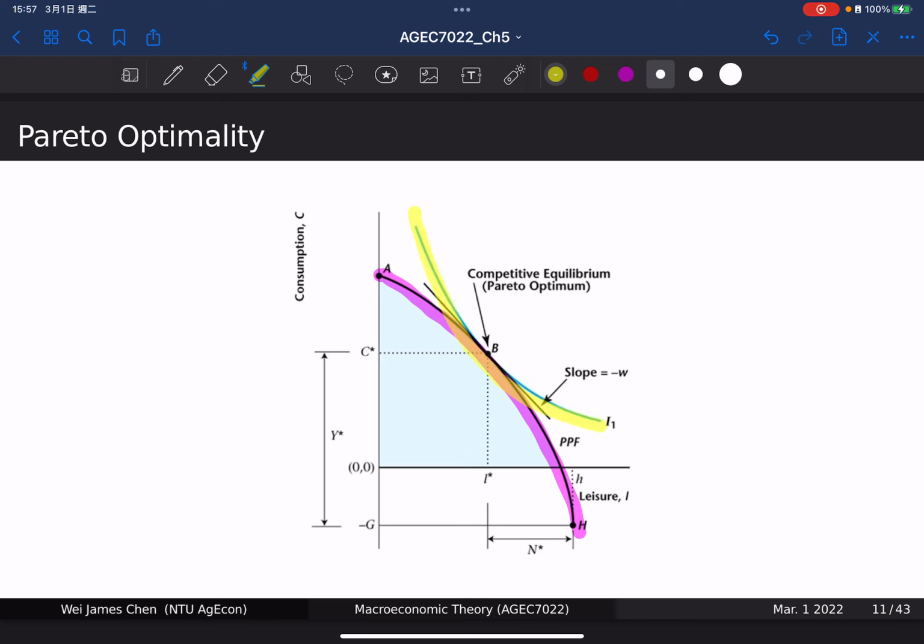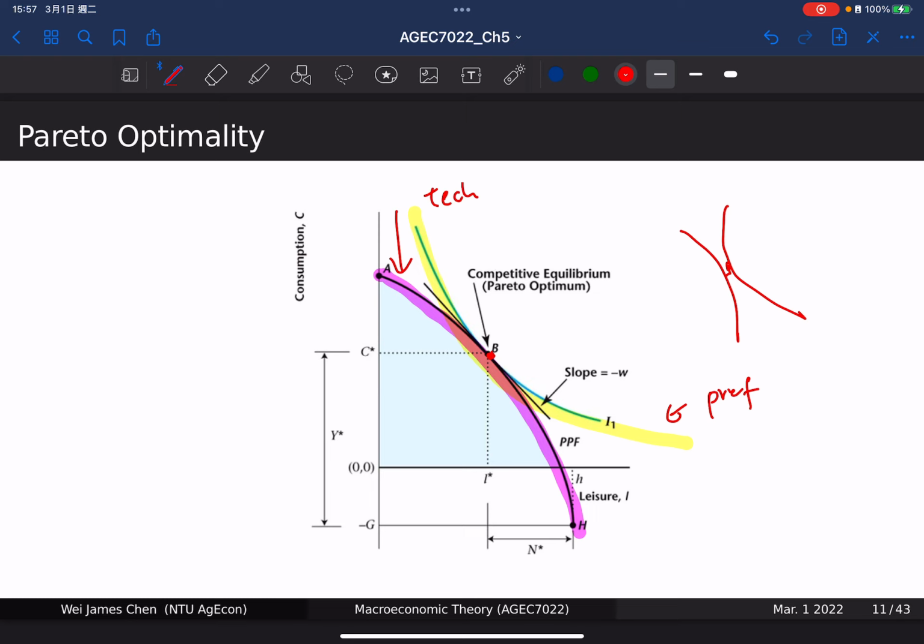It will basically find a point where the purple line is tangent to the yellow line. Basically this is your technology, and this is your preference. You try to maximize your preference given your technology. So at that point, when this line and this line are tangent to each other, that's when this God can maximize the utility for this consumer. So that's why this is called PO.